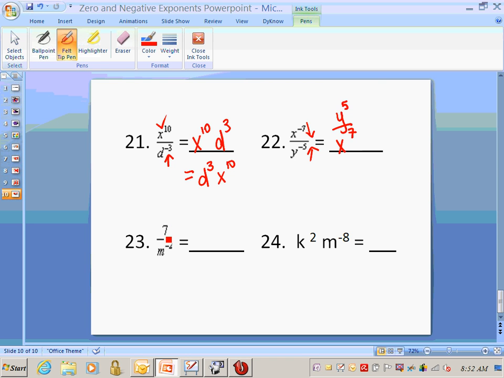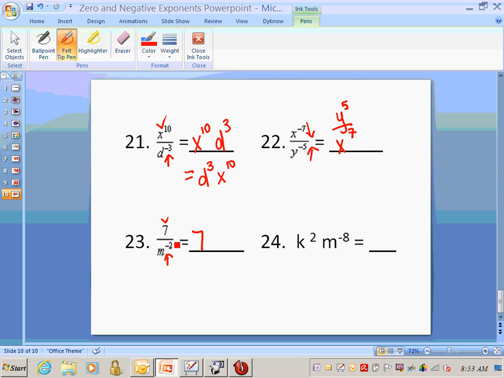Is the 7 okay? Yes. Is the m okay? Where's it got to go? Up. So I'm going to have number first, coefficient first. So 7. 7's going to go down? You told me 7 was all right.